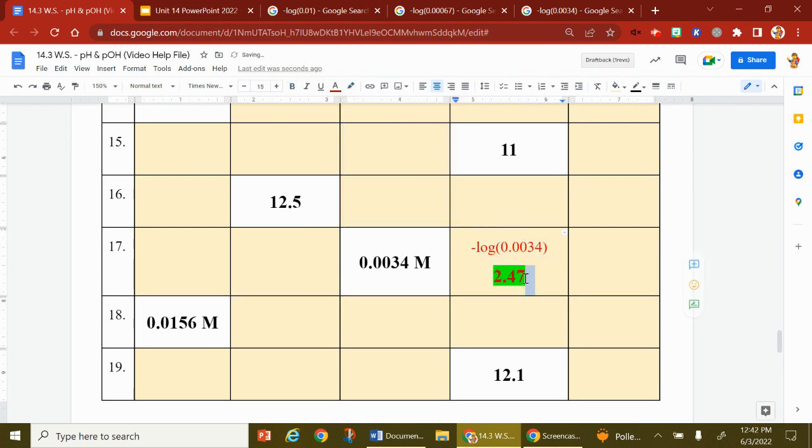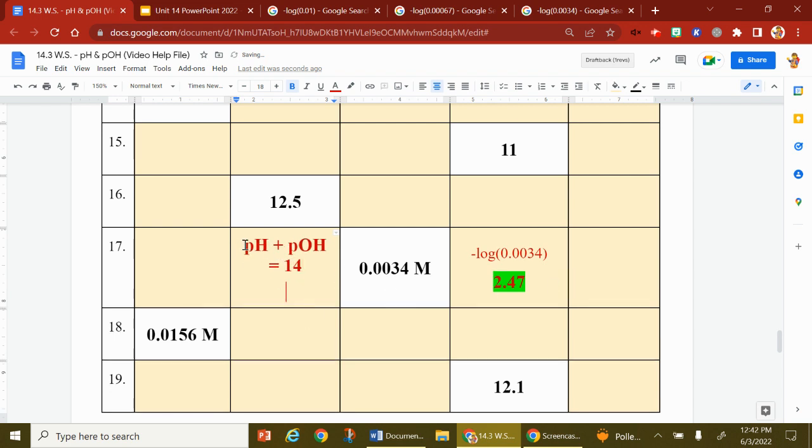Now, if you know the power of the base, you could figure out the pH. The power of the acid plus the power of the base equals 14. So, a pH plus 2.47 would give you 14. All right, how are we going to solve this?